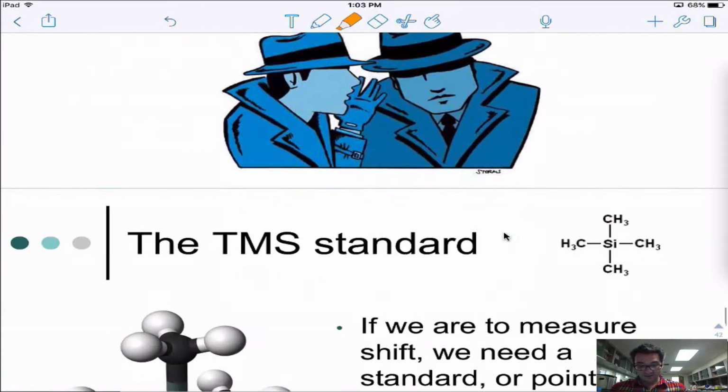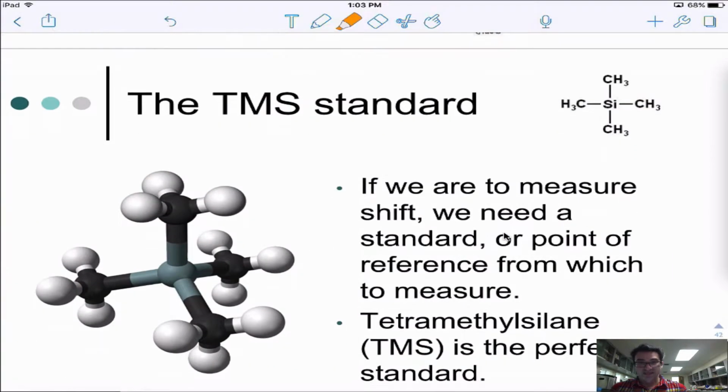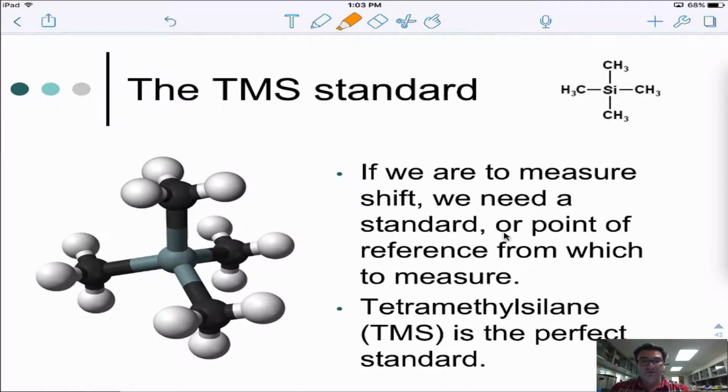Now everything that they do is compared to a standard. The standard is called the TMS, tetramethylsilane, and here's my silicon connected to 4 methyl groups, and this will be what we always compare the other hydrogens to. So whenever you're looking at a graph for NMR, you will see that there is the standard TMS.